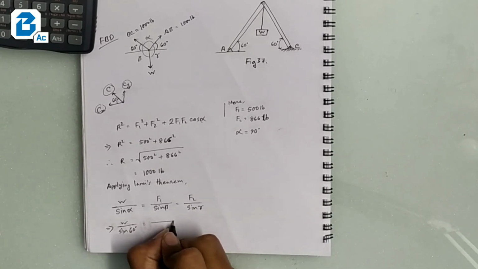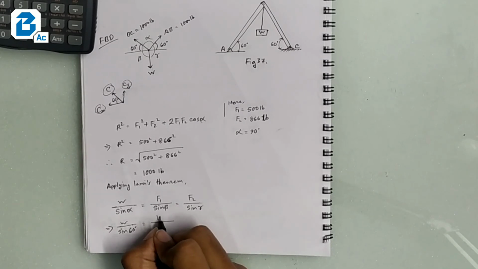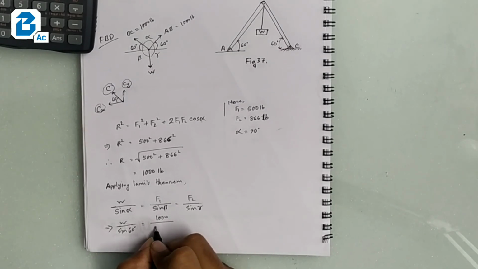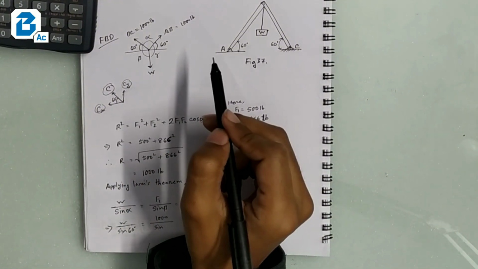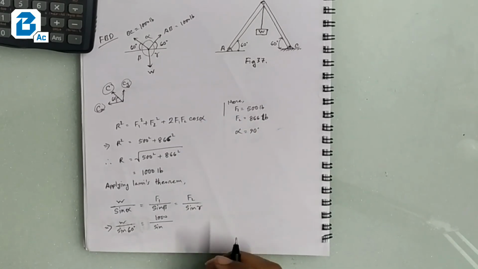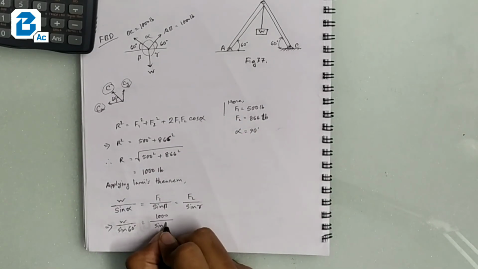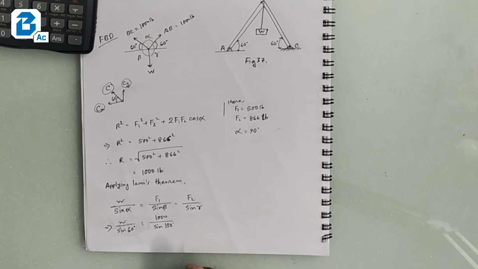And then for F1 we can take 1000 pound and use sine beta, which is 90 degree plus 60 degree, and if we add up then we get 150 degree, and if we solve it then we will get the value of W.